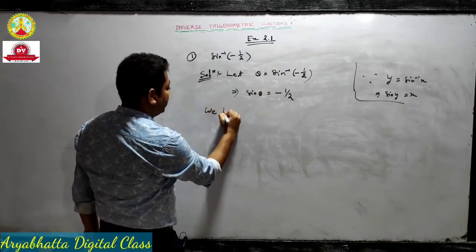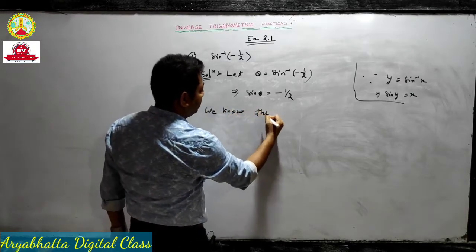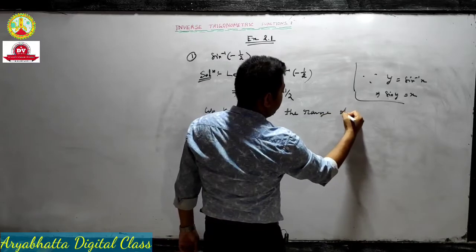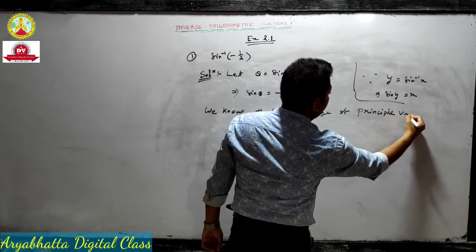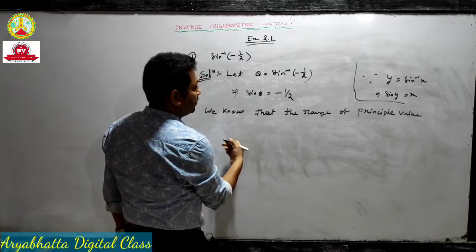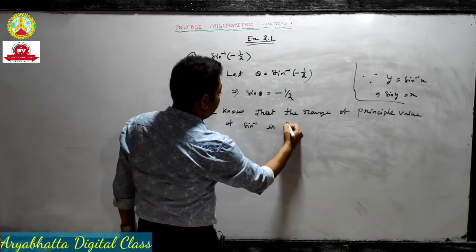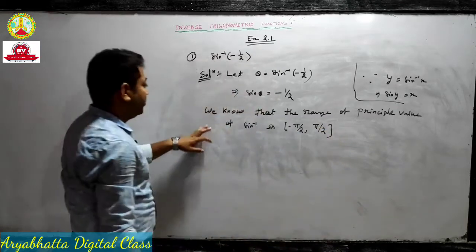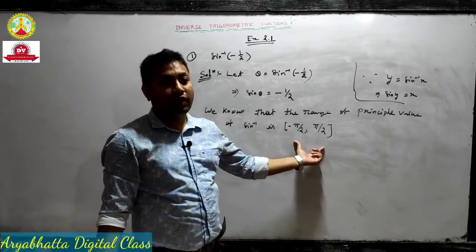We know that the range of principal value of sin inverse is the closed interval minus pi by 2 to pi by 2.